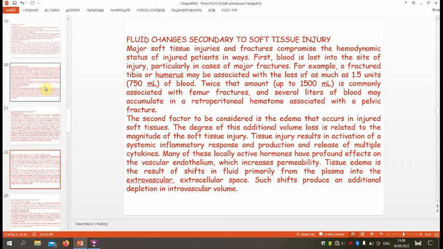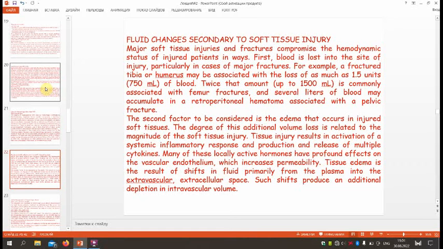The second factor to be considered is the edema that occurs in injured soft tissues. The degree of this additional volume loss is related to the magnitude of the soft tissue injury. Tissue injury results in activation of a systemic inflammatory response and production and release of multiple cytokines.